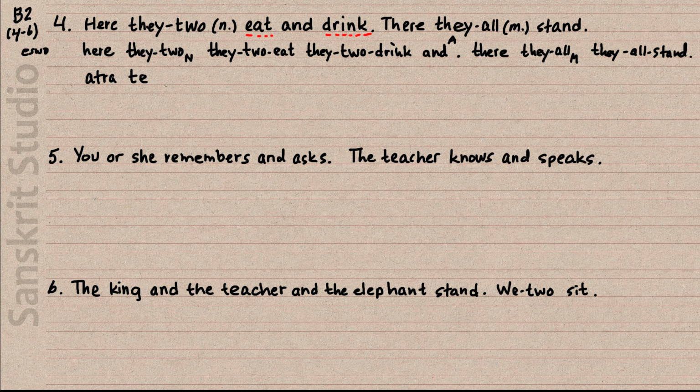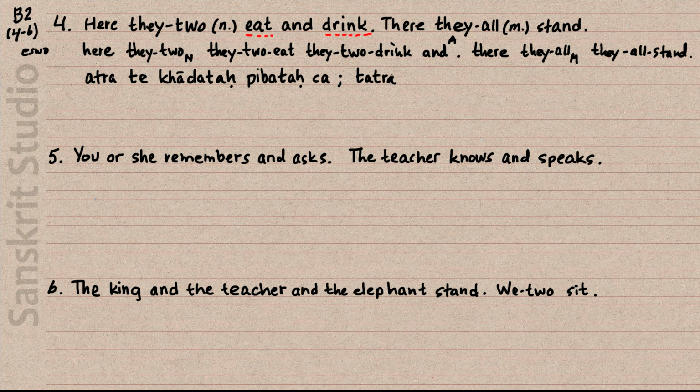So "they two", that's te. They two eat, so we have khadati, but for two, they two khadataha. And similarly pibati with the same ending, and a cha. And tatra, there.